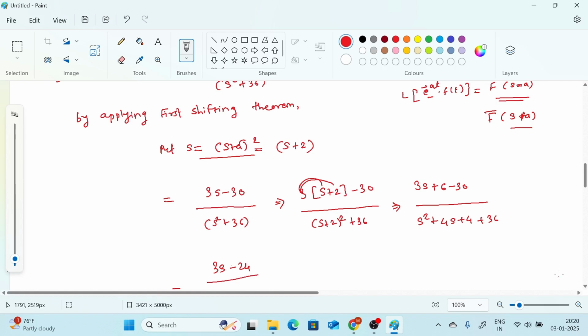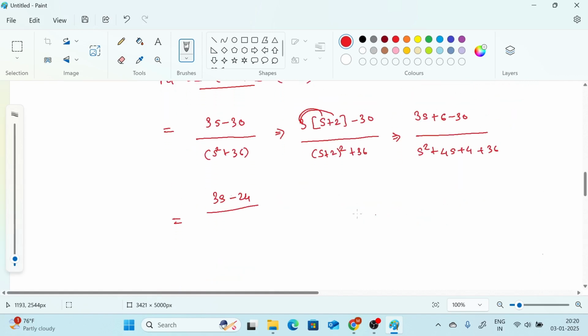For the simplification of the bracket, I will get s square plus 4s plus 4 plus 36, which is 40.